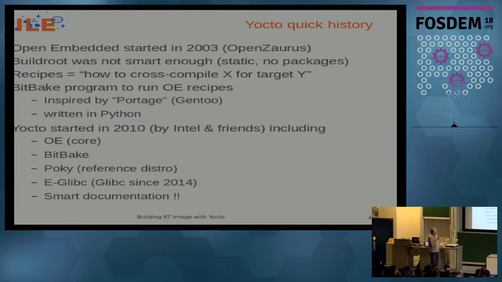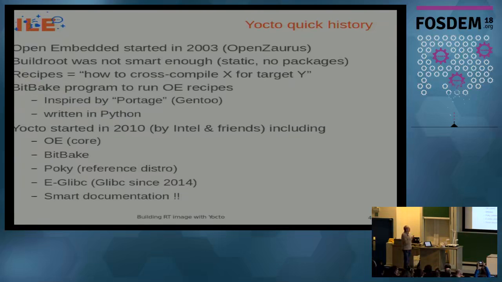A quick story for Yocto. It's quite an old project, started as Open Embedded with OpenZaurus, because this boot was not starting up at this time. It's much better today. And it's based on recipes.